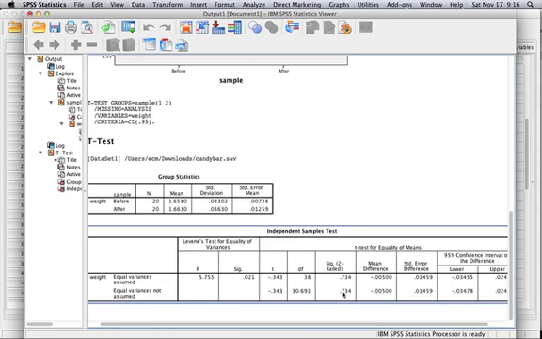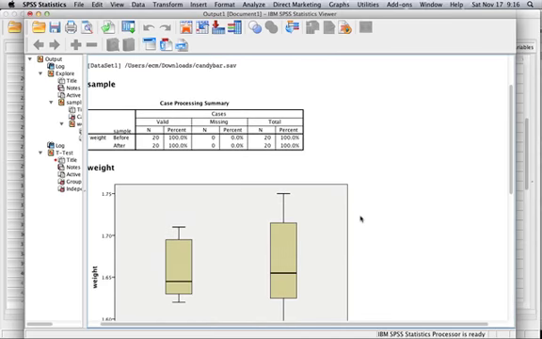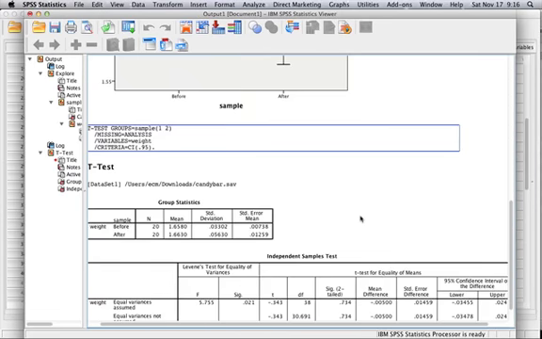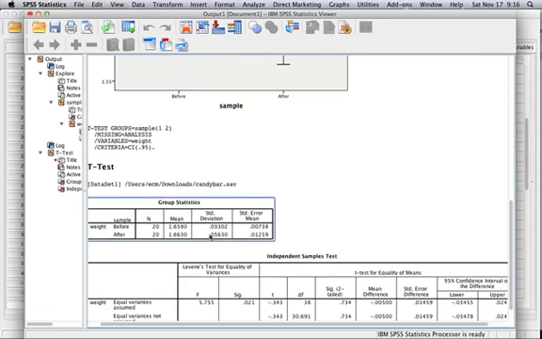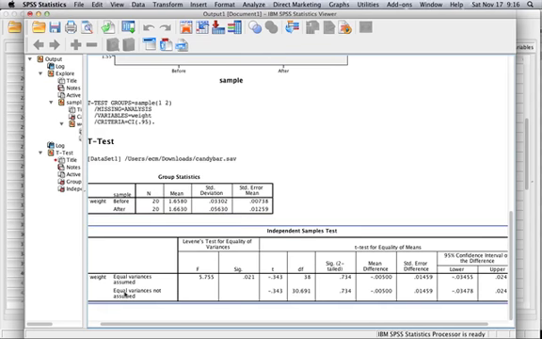However, let's just think through which row would be the right one to use. The box plots and the standard deviations have suggested that the variances are different. Therefore, we should not assume equal variances, and our p-value would be 0.734.